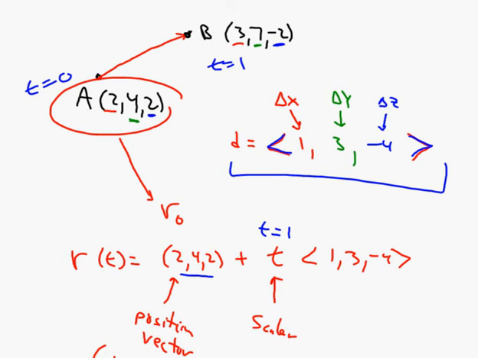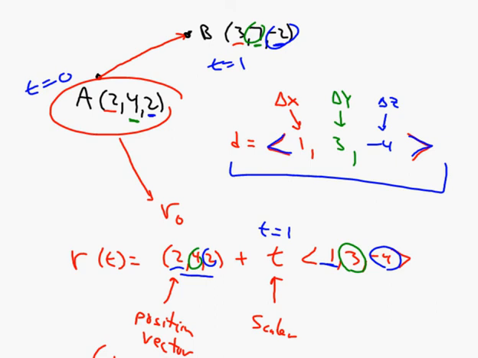And if I add them, this 2 plus this 1 gives you 3. This 4 plus this 3 gives you the 7, right? And then this 2 plus this -4 gives you the -2. Okay? That's it. So this line goes through the 2 points we want it to go through.